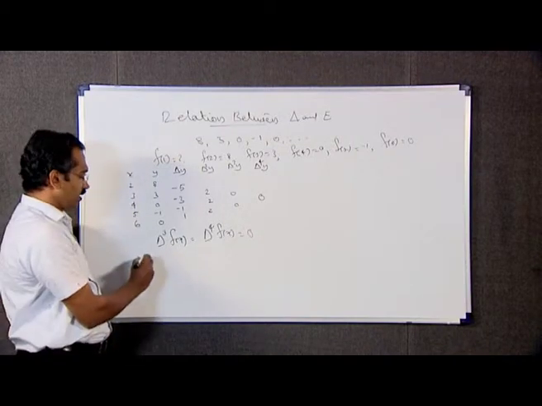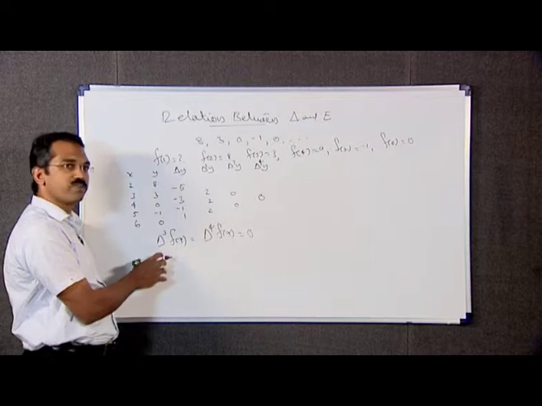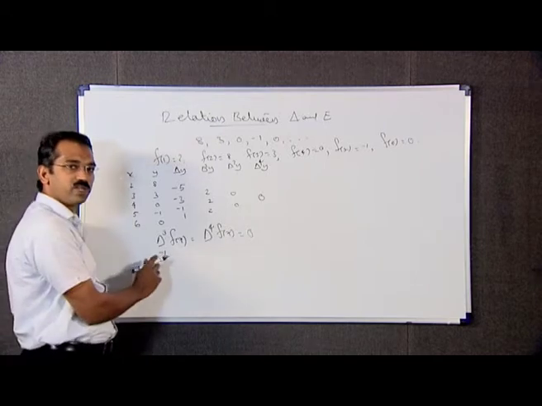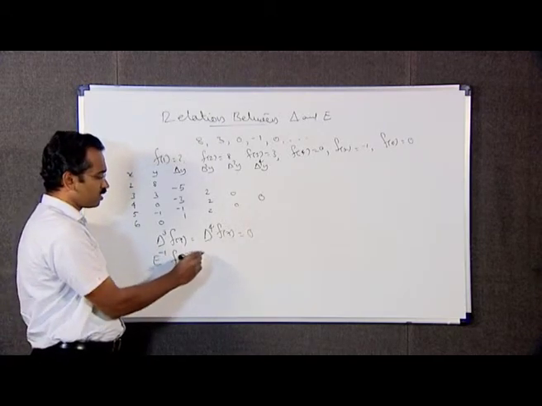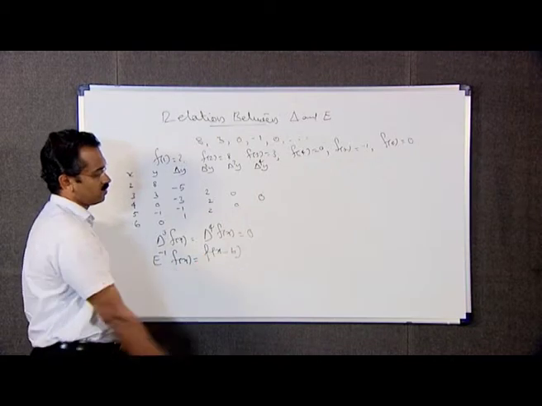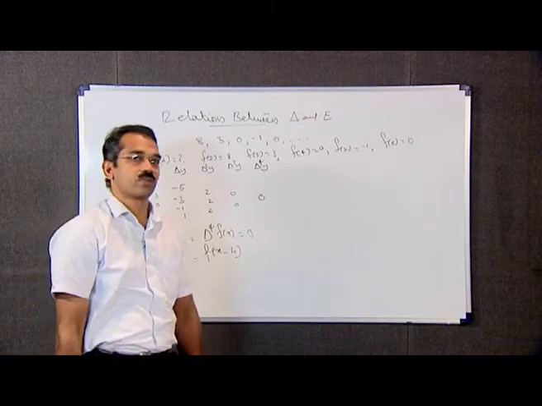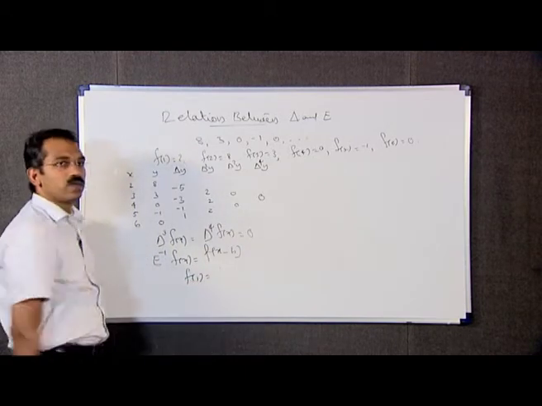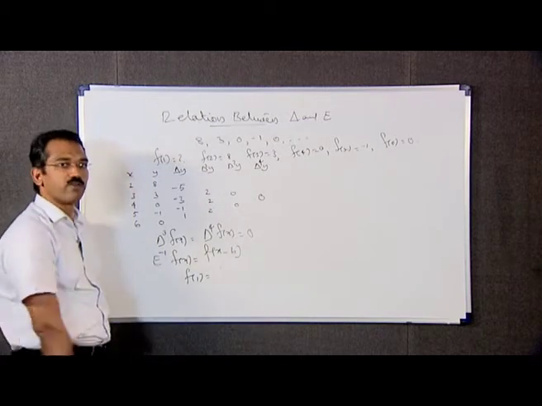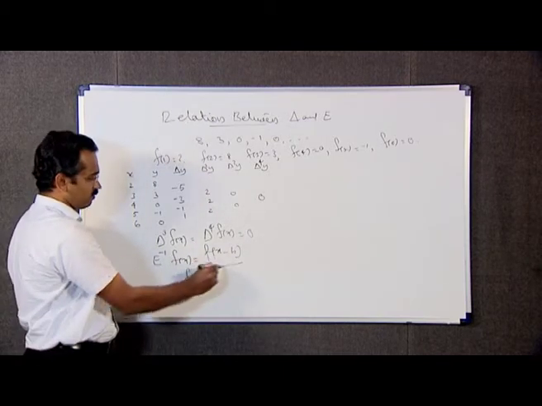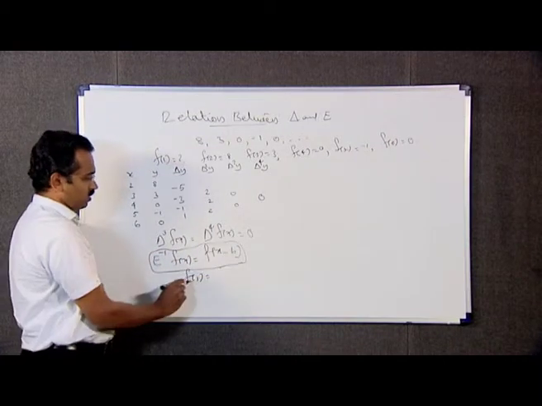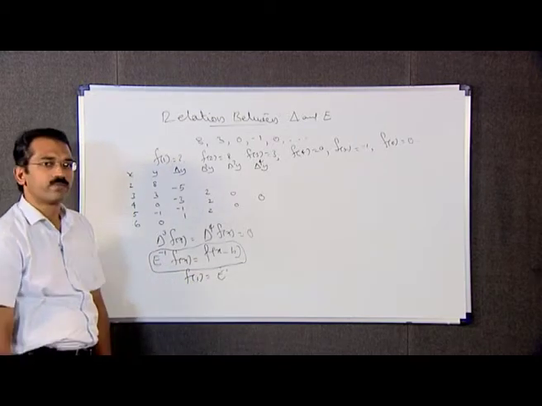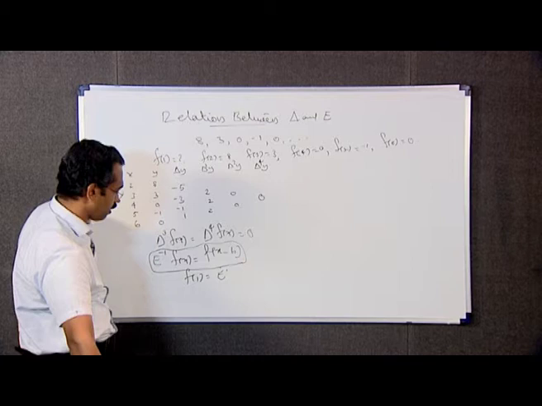By using the shift operator, by definition we have E inverse f(x) is equal to f(x minus h). That is, f(1) is equal to E raised to minus 1 f(2).